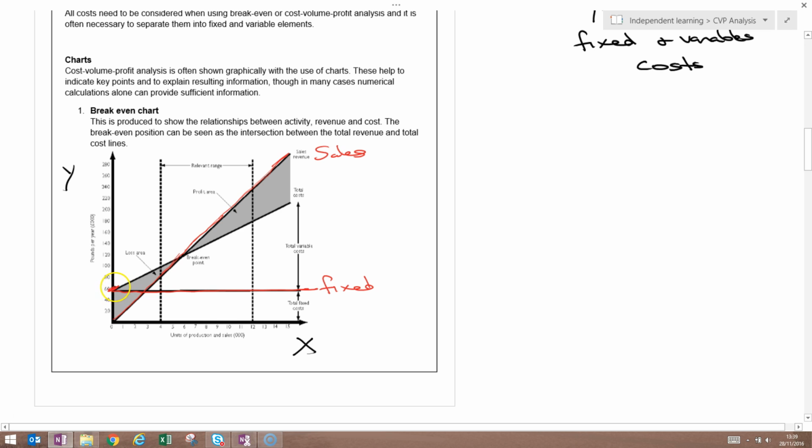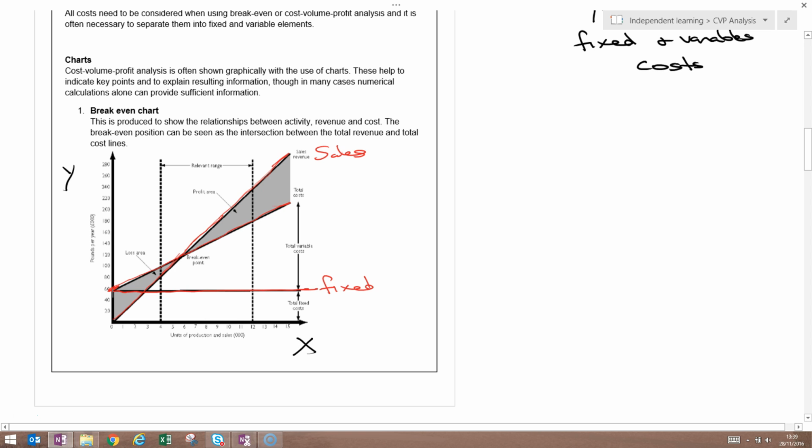So then our total cost line, as our units increase, we have the fixed cost plus the variable costs. So we have this second line that is going up here. So there's our total cost line.